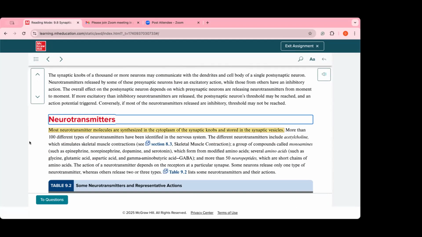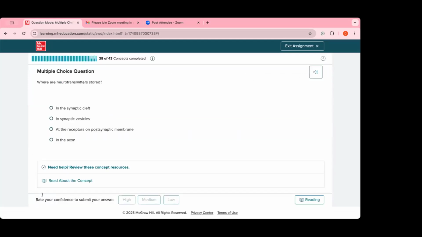Neurotransmitters are synthesized in the cytoplasm and stored in the synaptic vesicles, the little sacs that we saw, the little enclosures. So they're stored in synaptic vesicles. Okay.